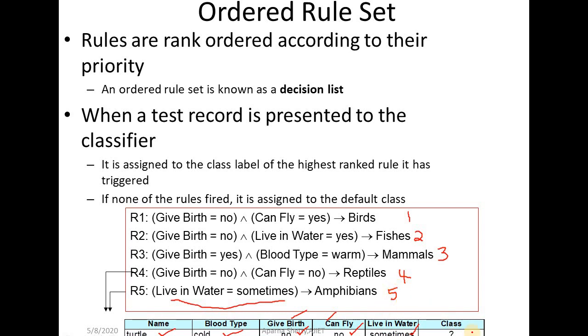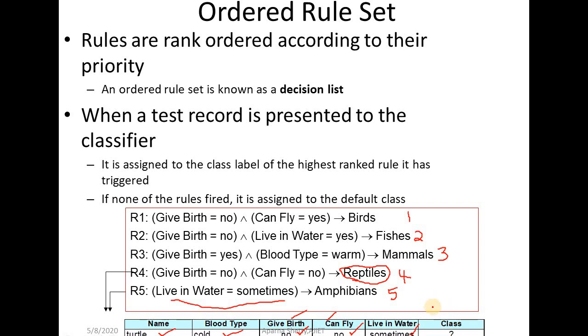Now whether we assign the class label reptiles or amphibians to turtle? Since R4 has higher priority than R5, we assign the class label of R4 to this record. Hence we classify turtle as reptiles.